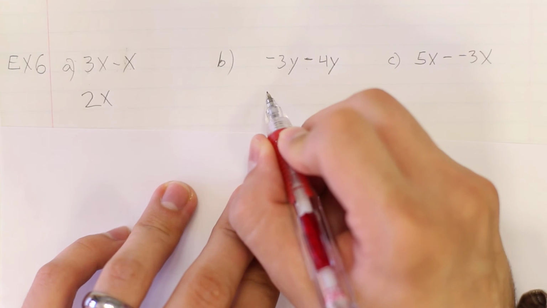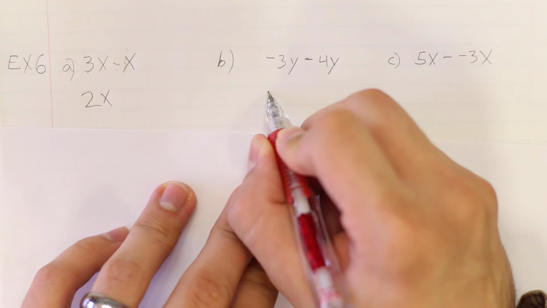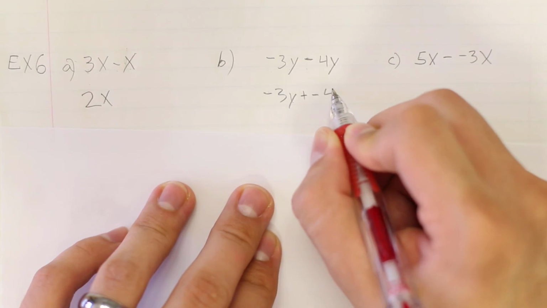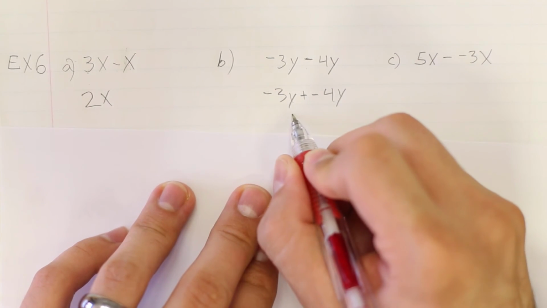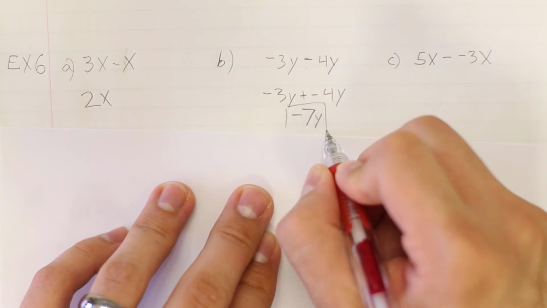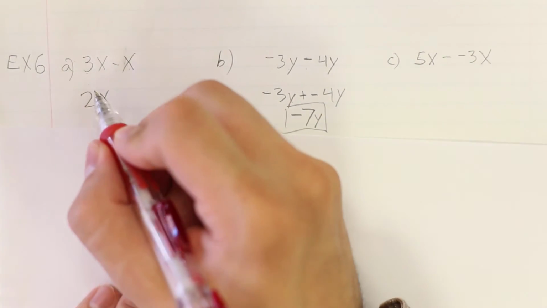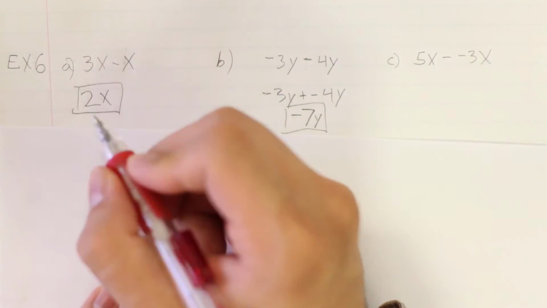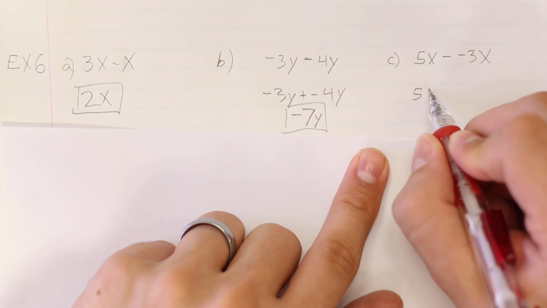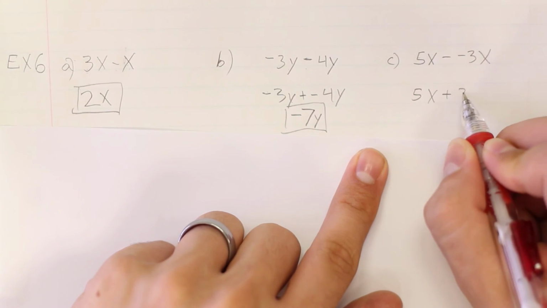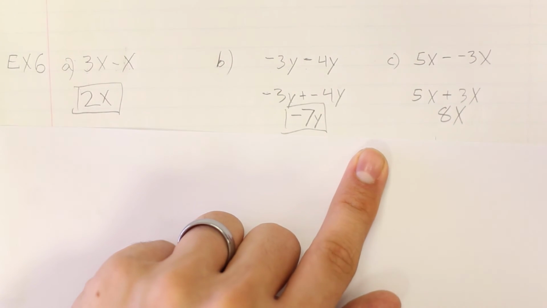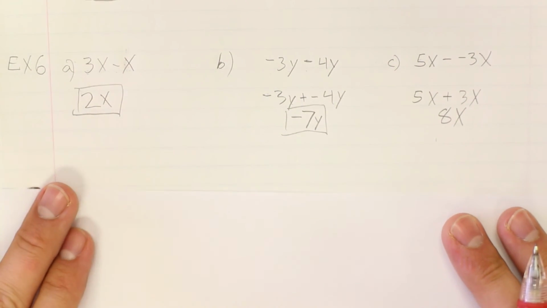Well, if I add the opposite, I have negative 3y plus negative 4y. That makes negative 7y as my answer, okay? That's the answer there. Forgot to box this in. Over here, we add the opposite again. So 5x plus positive 3x, 8x, okay?